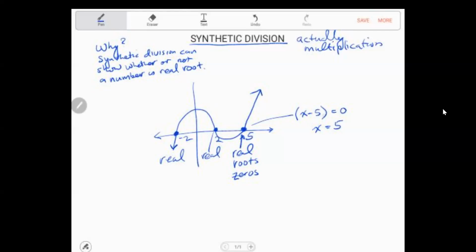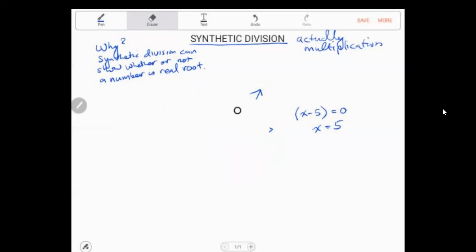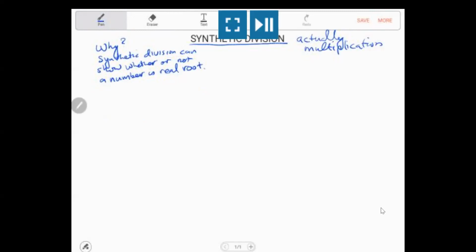We're going to need this idea when we do synthetic division. So that gives you an idea why I would even want to do this. It's a way of finding out whether or not you have a real root. We are going to do a division with a root that is a real number.